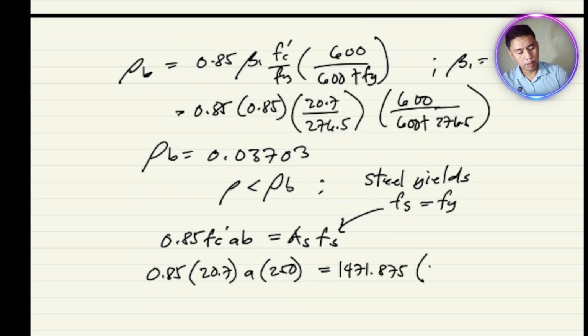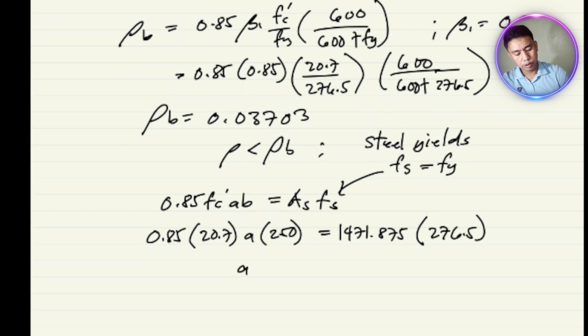Here it is. We can directly use 276.5. So we can have A is equal to 92.52.